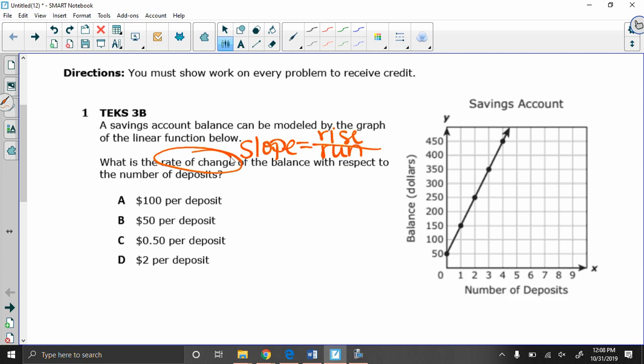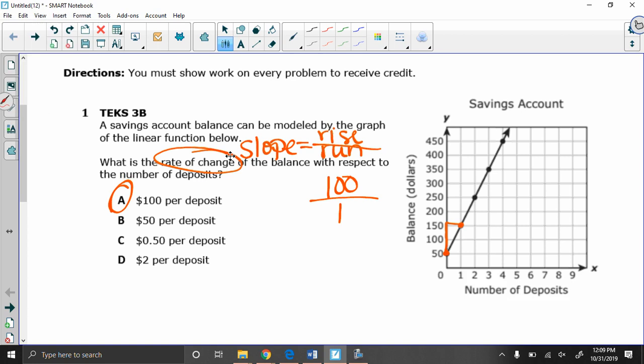So if we pick 2 points on this graph, start here to here, we go up, and our y-axis is counting by 50, so we go up 50, 100, and to the right 1. So our rise is $100 per deposit. So $100 per deposit is our correct answer.